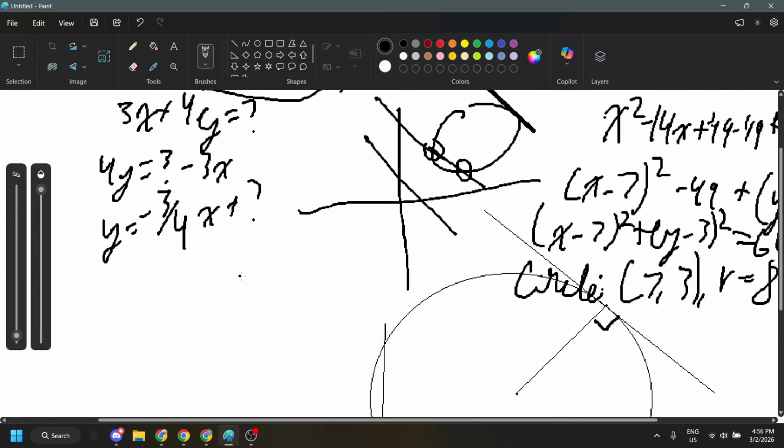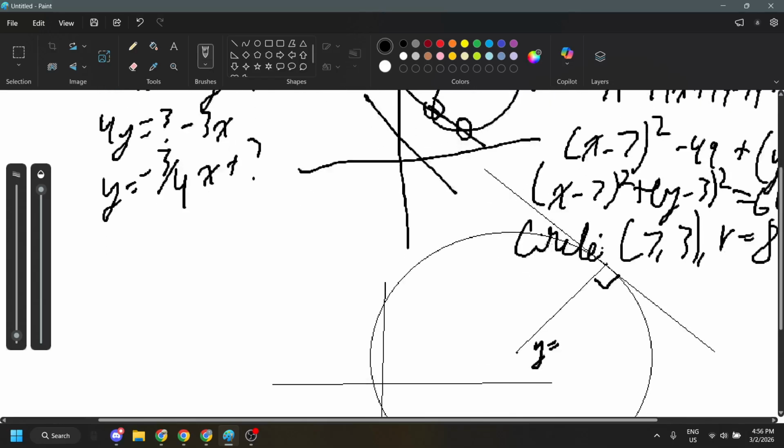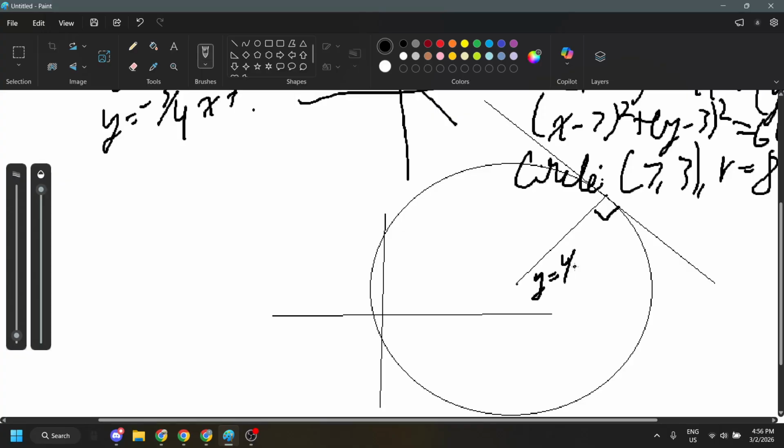So we need to find the point. Okay, so this line is y equal to 4/3 x. Also, I was just thinking it's probably good that I got a square number for the radius. That means I'm doing something right.